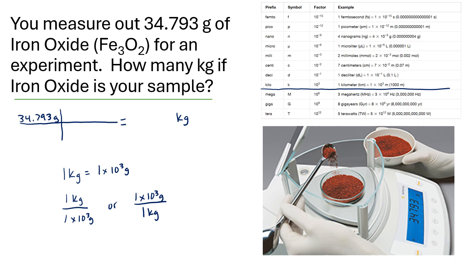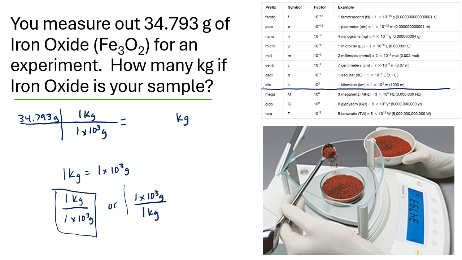I will probably need to use this conversion factor here in order to cancel out the grams by putting it on the bottom and leaving the kilograms on top, because that is the answer that I ultimately want to get to. So I will write 1 kilogram per 1 times 10 to the 3 grams.